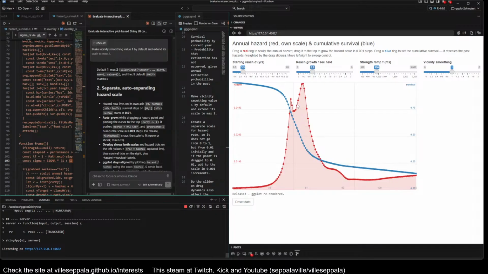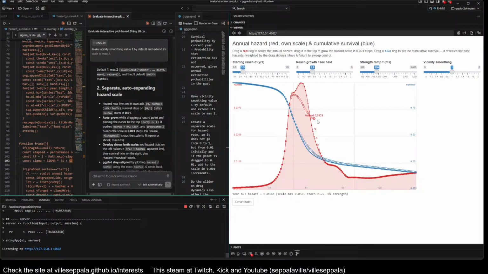I think part of this is that the hazard rate, if it changes the scale, it always goes to the top of the scale.